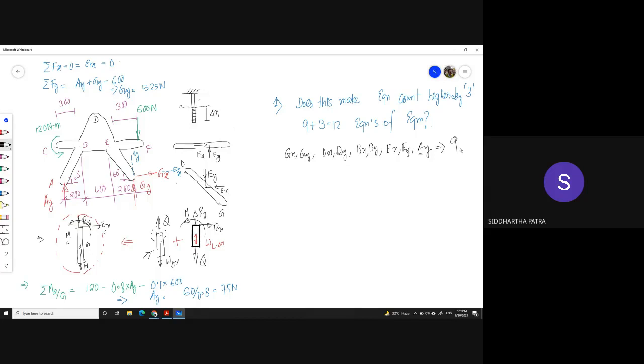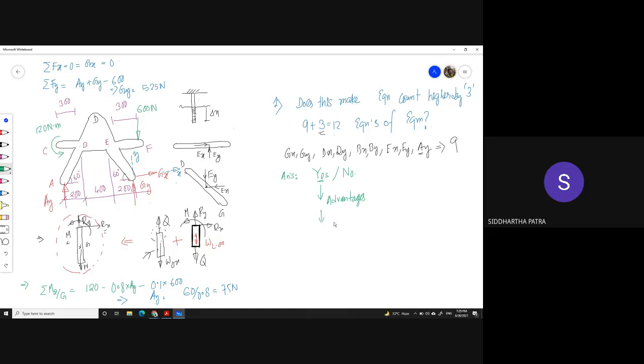But does that mean the equations that I'm getting by drawing the free body diagram of the whole structure give me an additional 3 equations? The answer is yes and also no. Yes, that gives me 3 additional equations. And yes, that has advantages. What are the advantages?